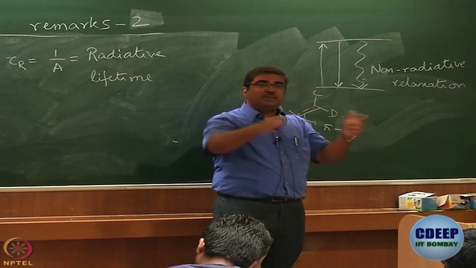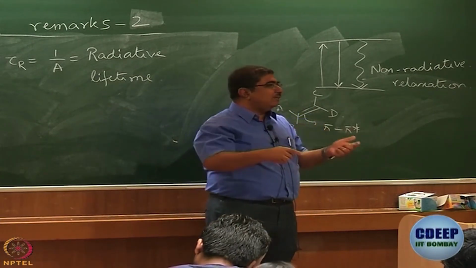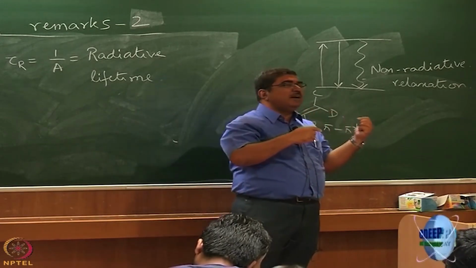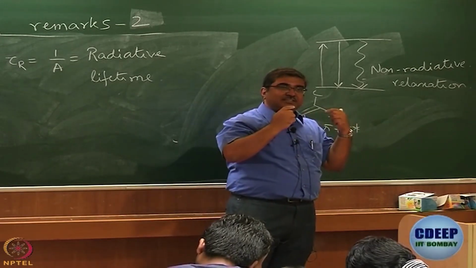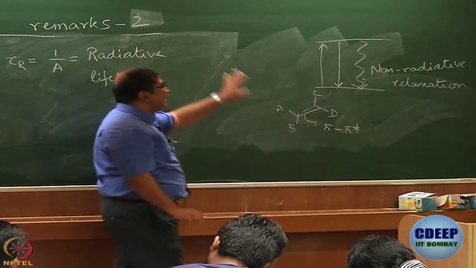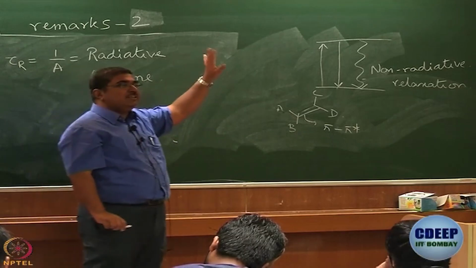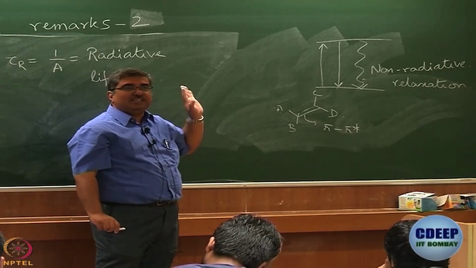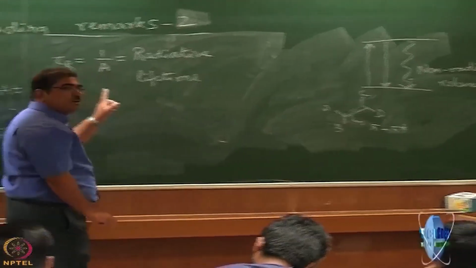In fact, photoisomerization is taking place within all of us right now in this room, because we are seeing each other, right? Photoisomerization is an important part of vision process, among others. So there are several non-radiative channels that are usually available for relaxation of excited states for the system to come down to ground state. So our discussion is really not complete here.